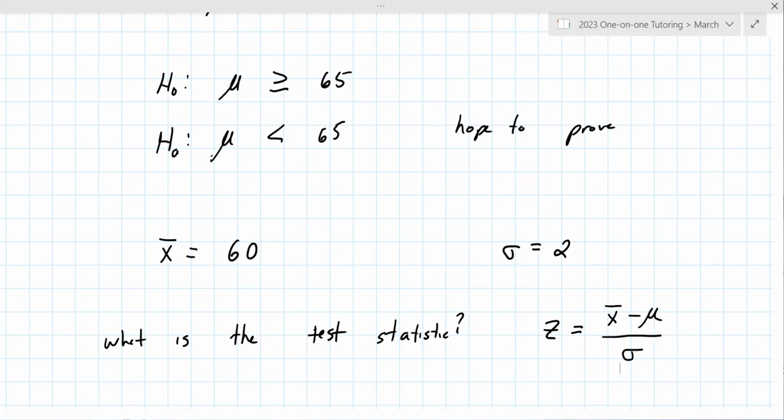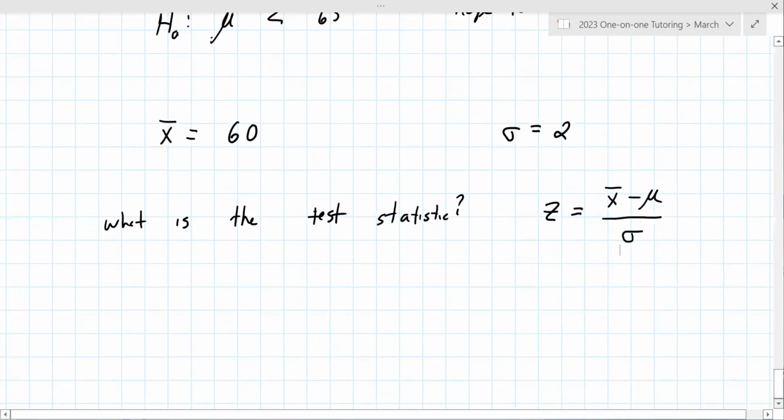Is it negative 2.5? Yes. You seem a little uncertain. Is there anything you want to ask? It's just kind of confusing why it's a negative number.